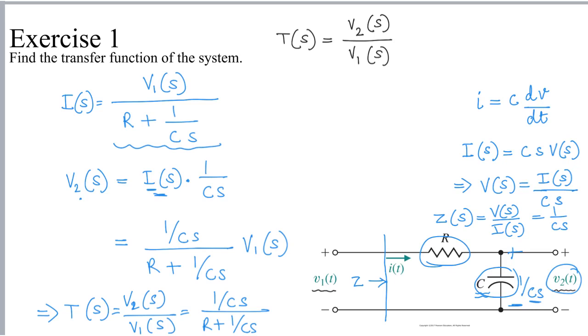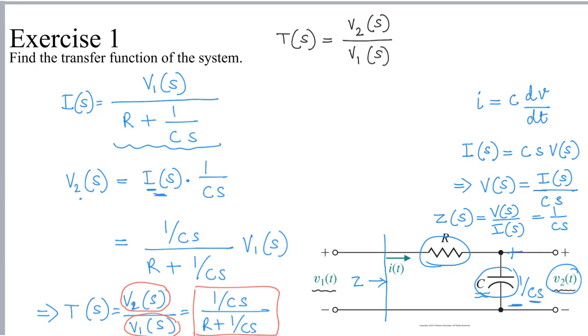Okay, so what have we done? We have found the transfer function of this particular circuit by finding the relationship of V2 in terms of V1. We've got V2 over V1 in the Laplace domain, given by this equation, and that defines the input output characteristic of our system.